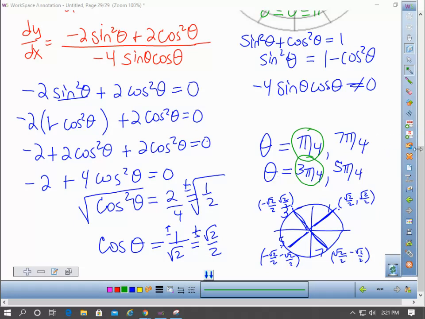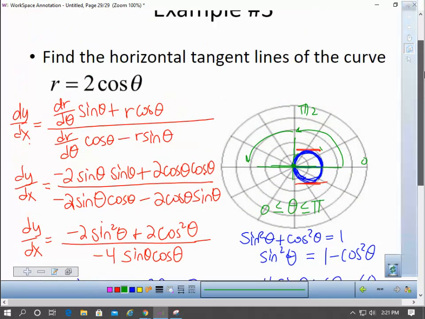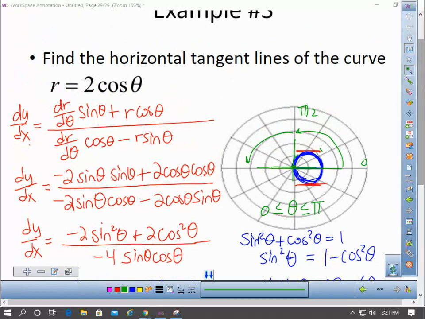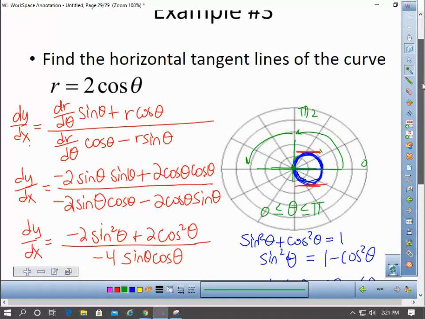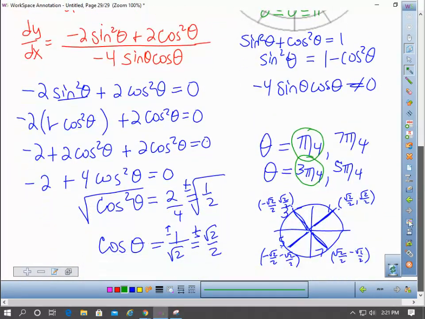The question asked to find the horizontal tangent lines of the curve for r equals 2 cosine theta. So it just said find them, so it's just finding where they are. One of them is going to be at pi over 4, and the other one is going to be at 3 pi over 4. We don't have to find the equations or anything. We just have to find where they are.